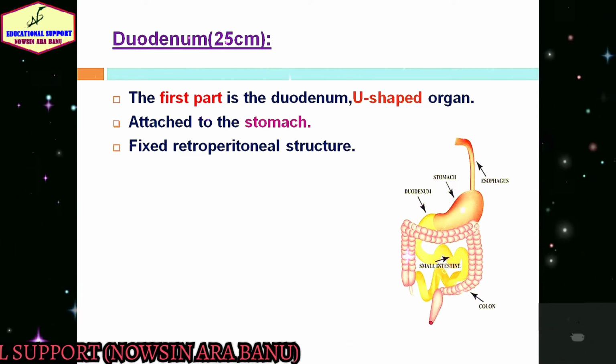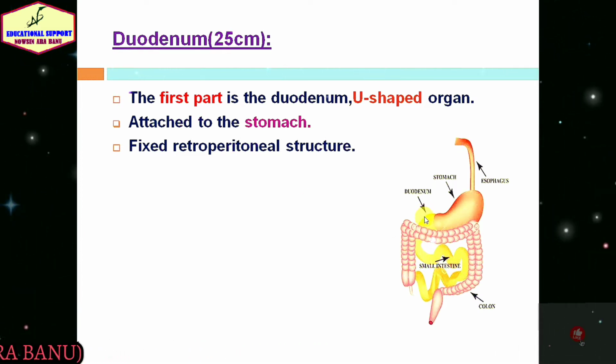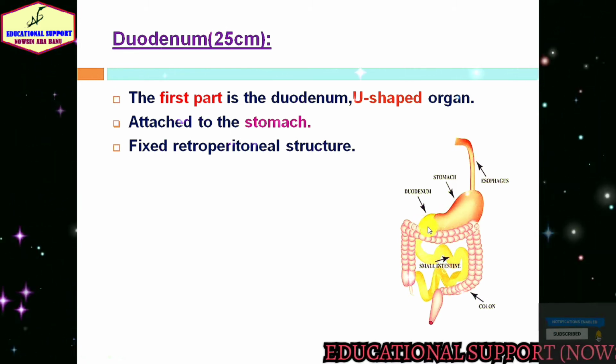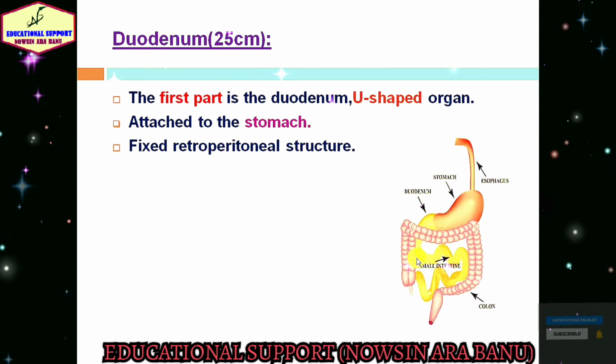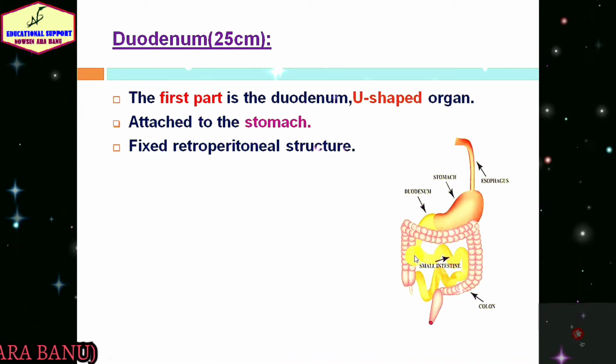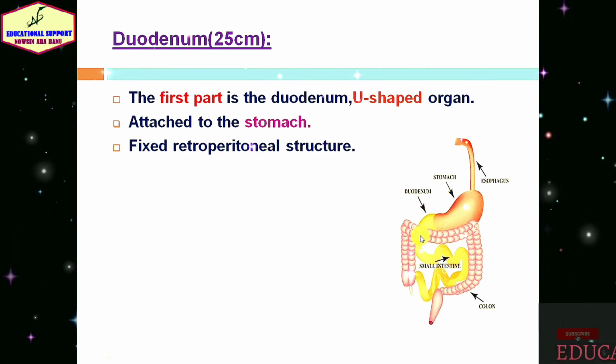Next is the duodenum. The tube that runs from the stomach to the small intestine is called the duodenum. The first part of the small intestine is the duodenum, that is U-shaped.